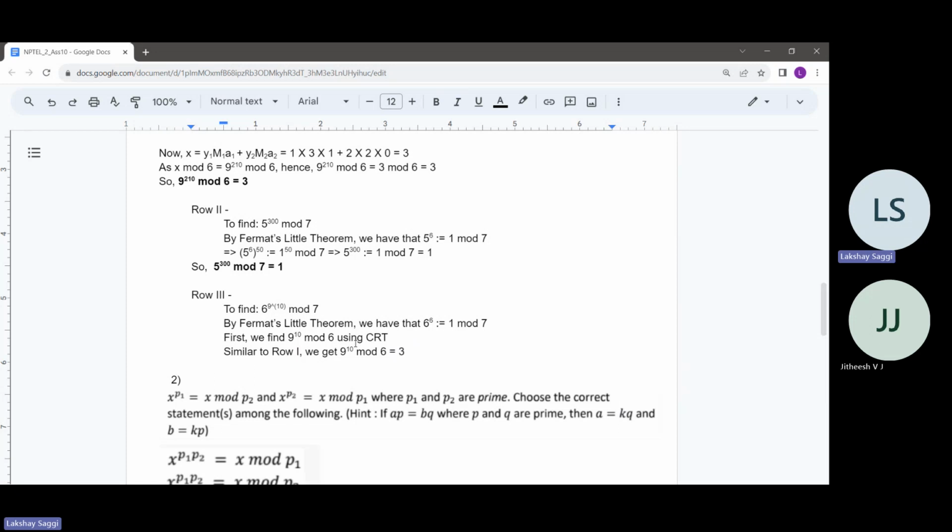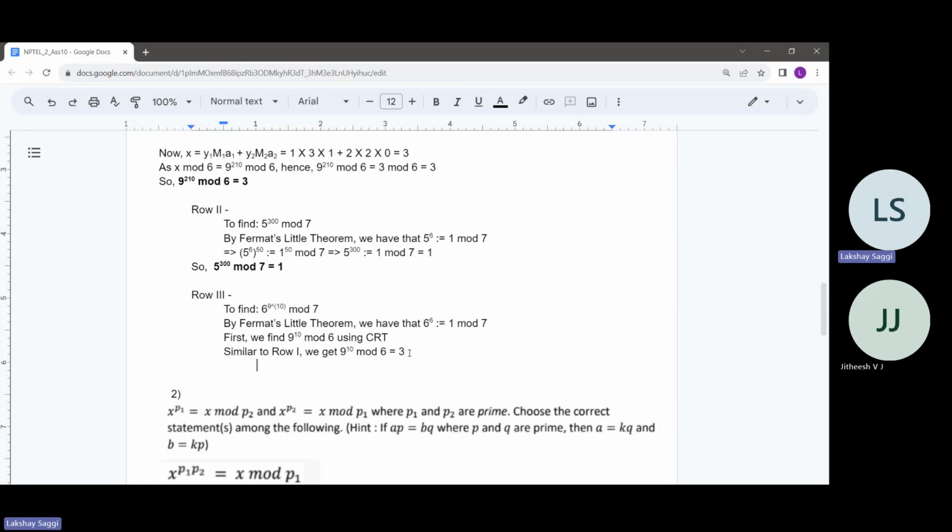What this essentially means is that when 9 raised to the power 10 is divided by 6, it leaves a remainder of 3. Hence we can write 9 raised to the power 10 equals 6 times some quotient plus a remainder of 3, where q is an integer.